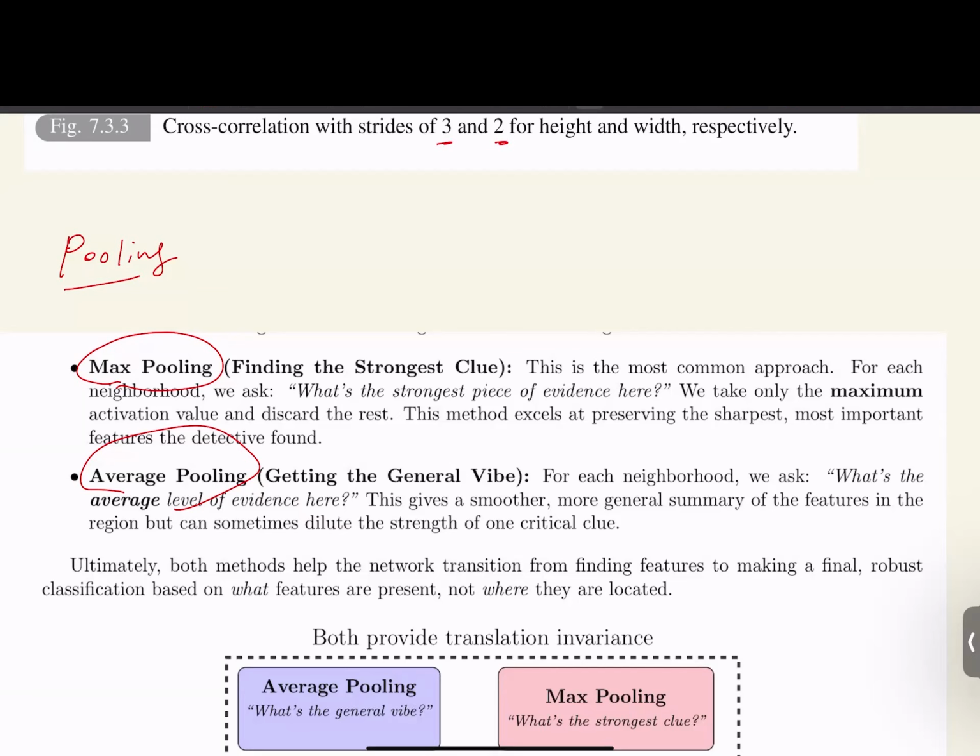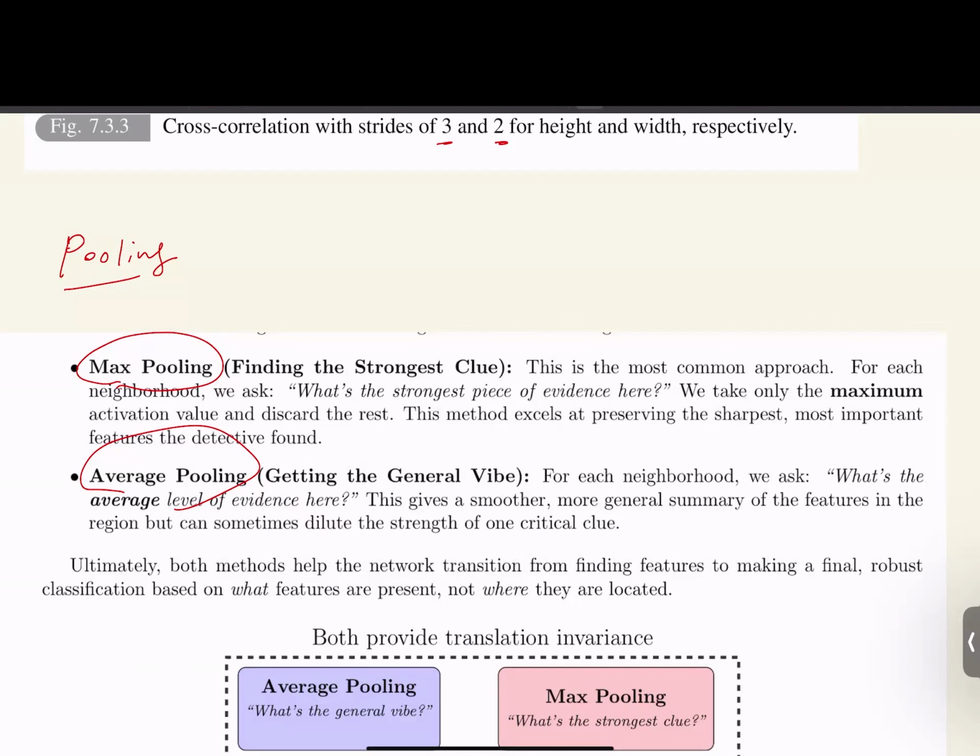That's max pooling. Another way of doing this is average pooling, which is basically to average out all of this evidence that the detective finds. At the end, it gives us a smooth, more general summary of those features. Usually you will see that we go with max pooling because of its sharper aggregation.